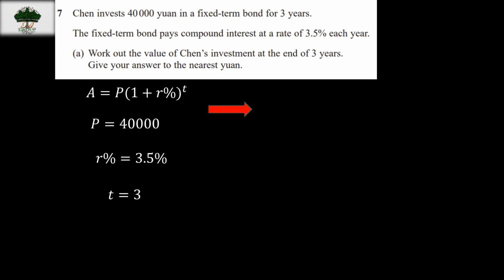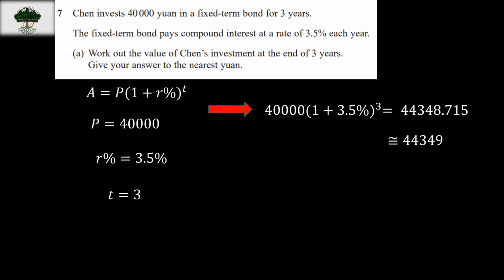Substitute directly in the formula and use the calculator to evaluate. Now he wants the answer to the nearest yen, meaning to the nearest integer. Since after the 8 there is 7, it rounds up.